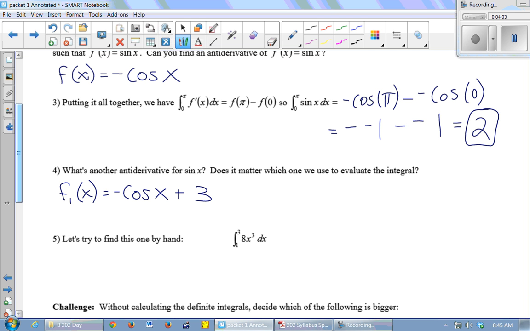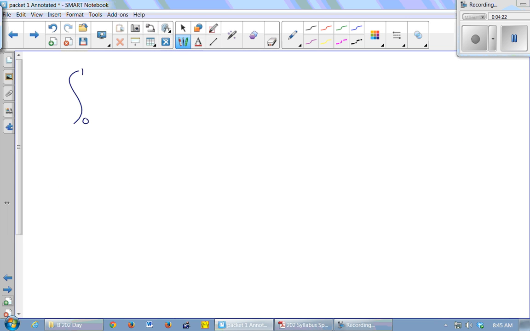All right, so if I'm going to evaluate the integral using the fundamental theorem, I can actually use any antiderivative. The easiest one is the one where the constant is 0, but let's quickly do it with the constant of 3 so you can see that it'll still work. Integral 0 to pi of sine x dx.